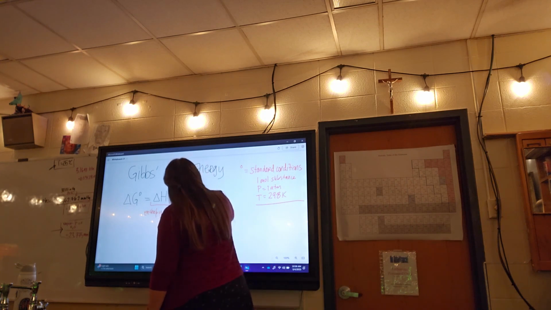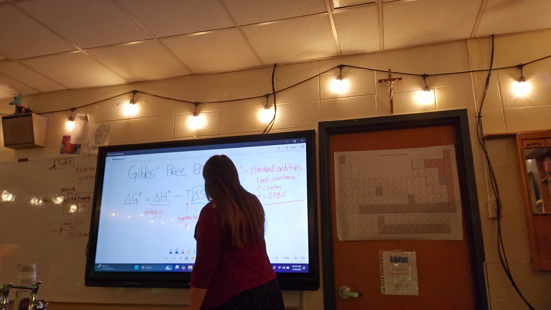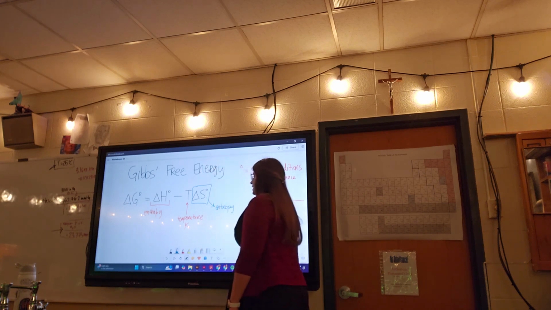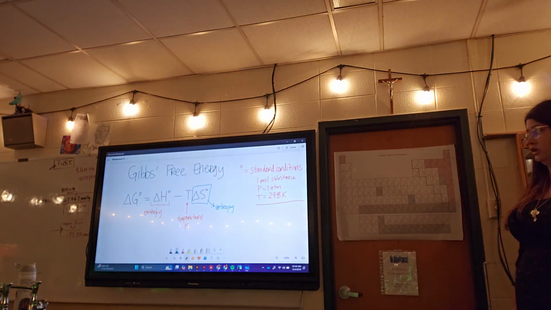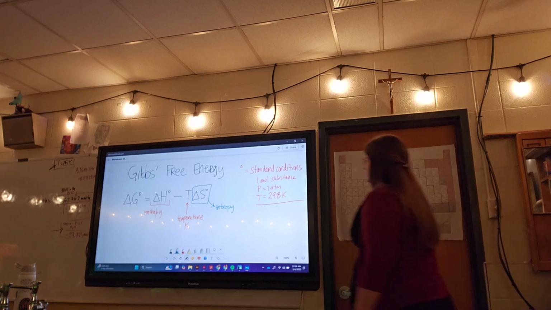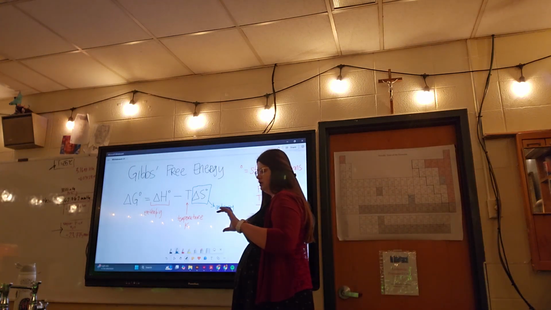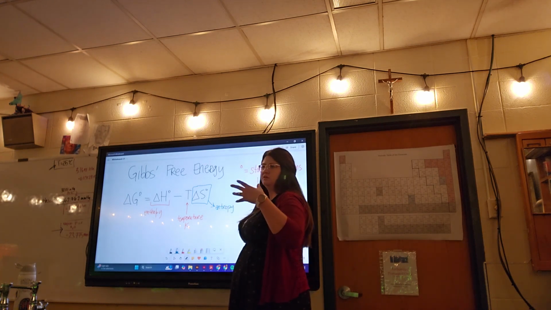We learned last time that S stands for entropy. And so delta S would be change in entropy. Remember that entropy is disorder, and entropy is a way of measuring how your reaction is changing in its disorder.